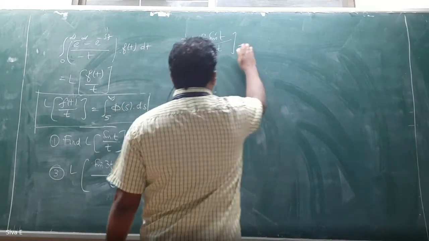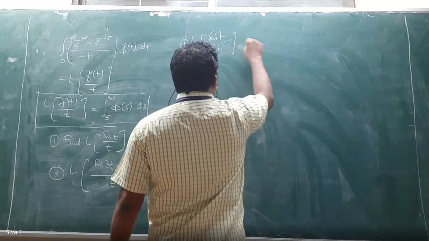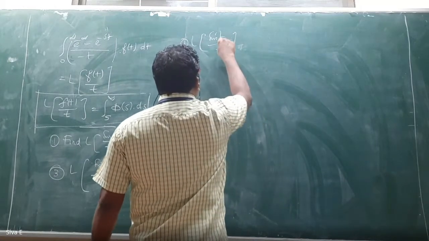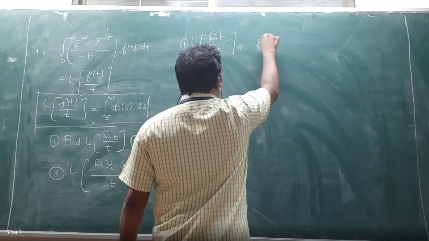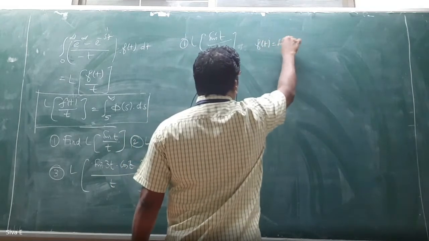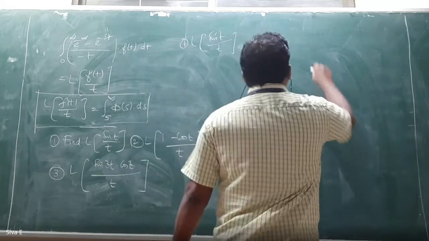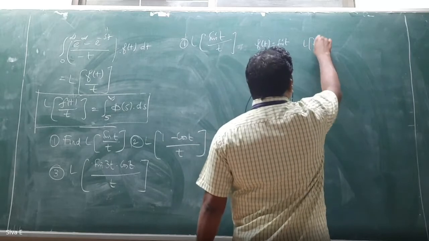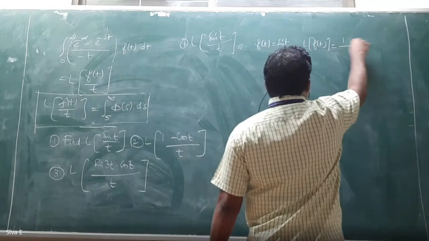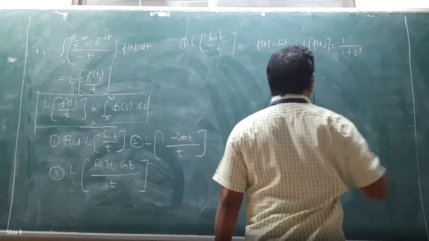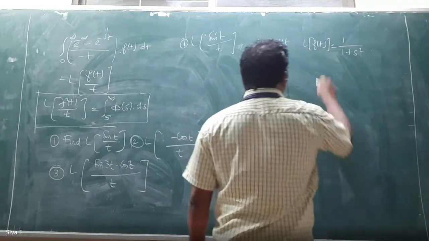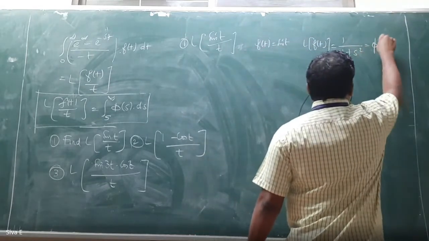That is f of t by t format, where f of t equals sin t. What is the Laplace transform of f of t? 1 by 1 plus s square. This is the value of phi of s.